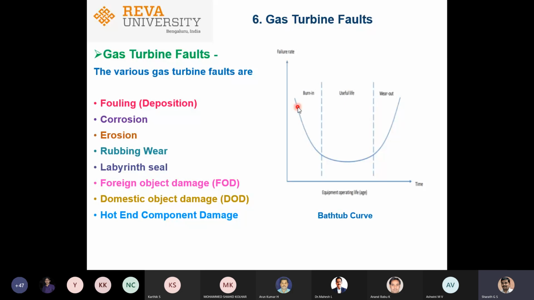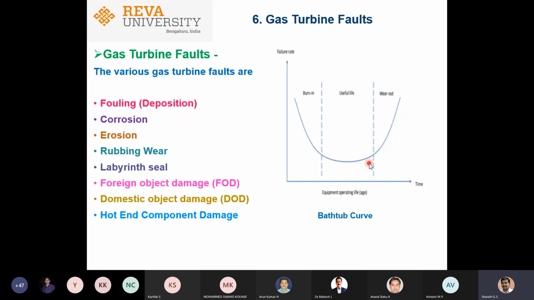And slowly, as time passes and the life of the engine increases, the burn-in comes down, the failure rate slowly drops, and it gets stabilized at one point of time and remains almost flat. That is the operating line.